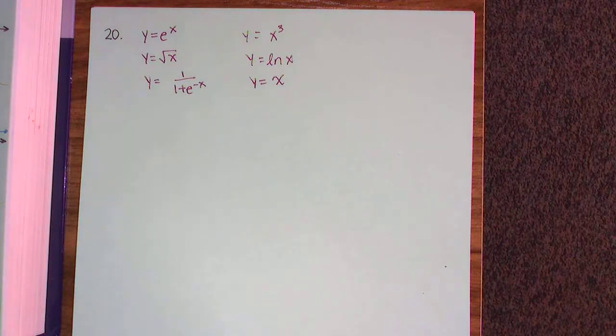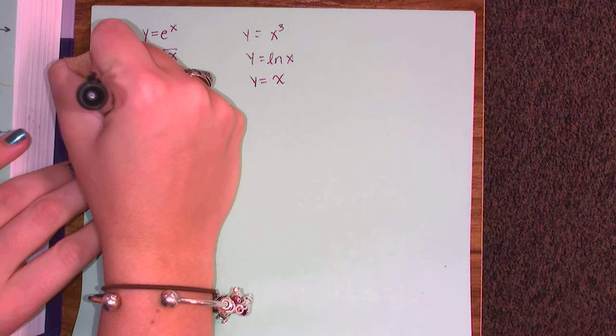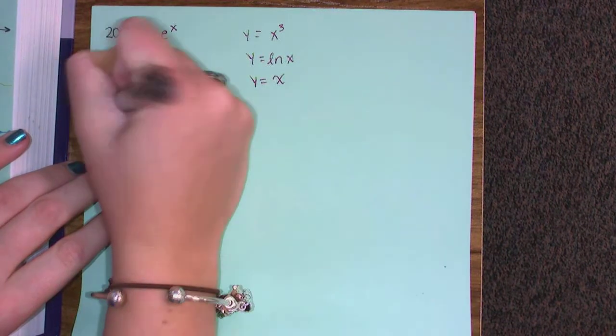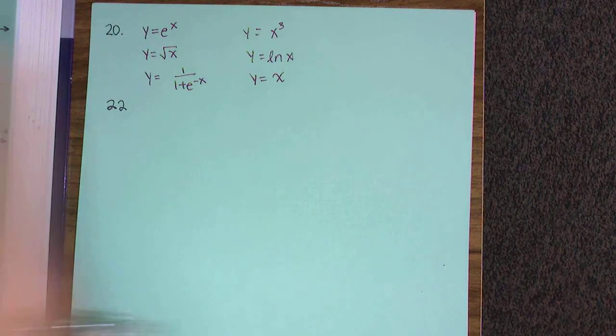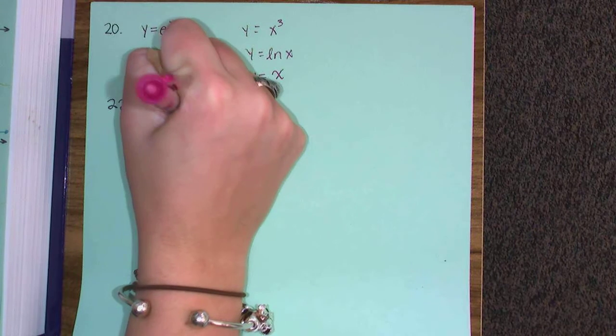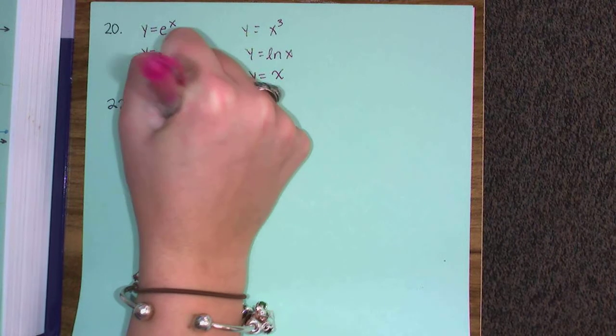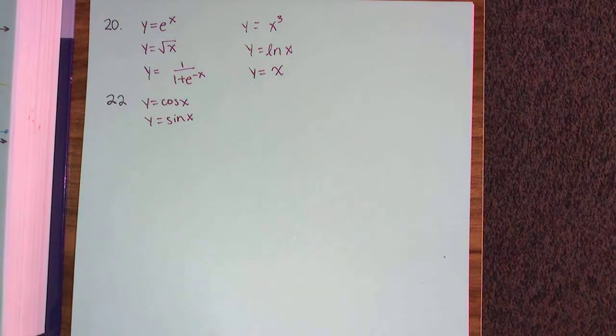Let's see. 22, the 3 functions with infinitely many local extrema. Like mins and maxes. So cosine x, sine x, and what's the other one? It's got to be one of the basic ones.